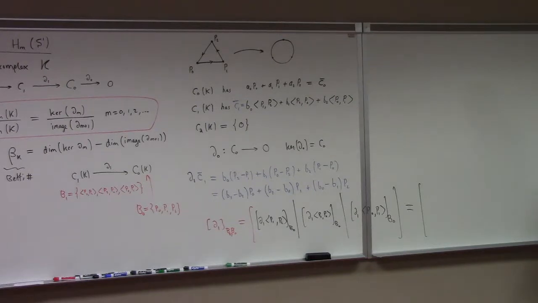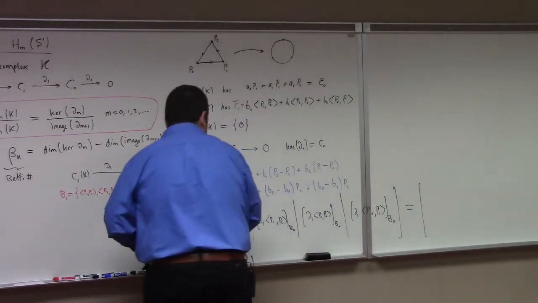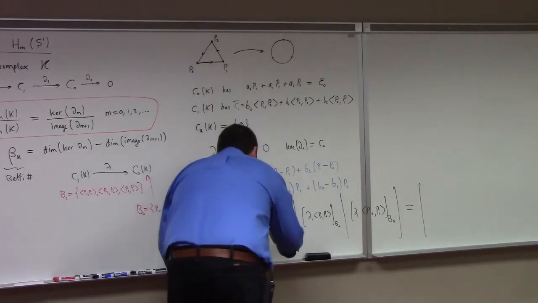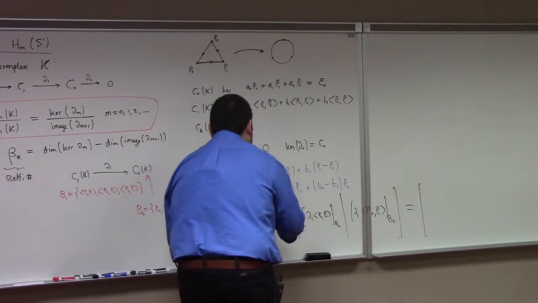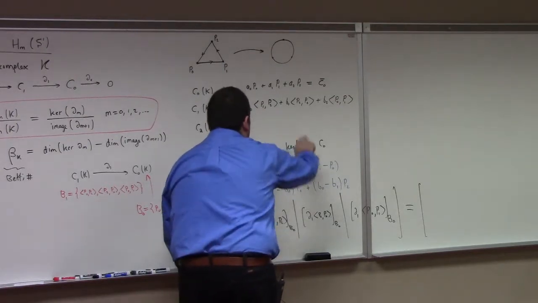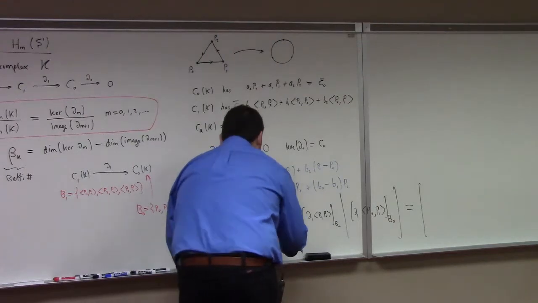Let me just cheat a bit. Let me just look. This means that, up here, B0 equals what? B0 is 1, B1 and B2 are 0, right?